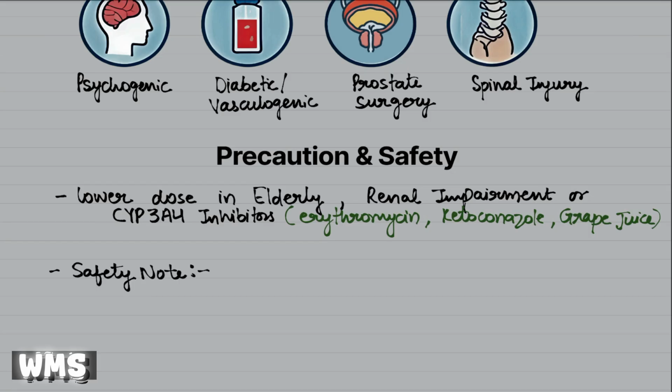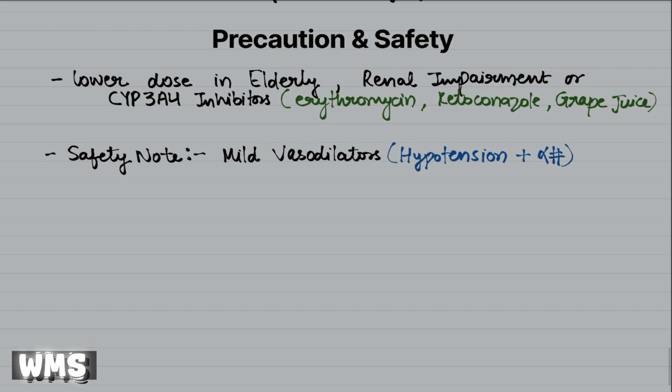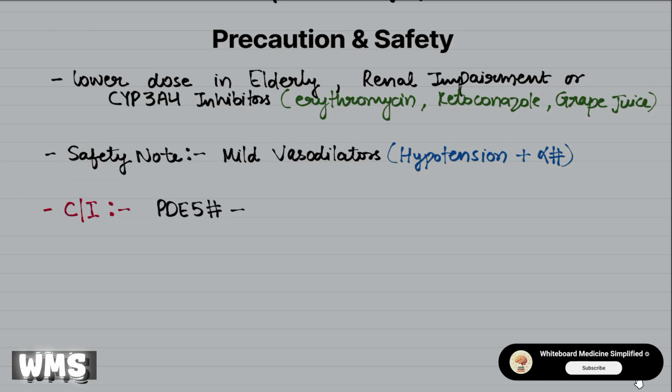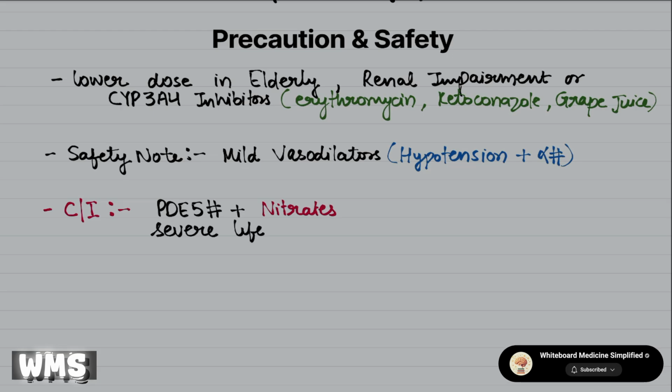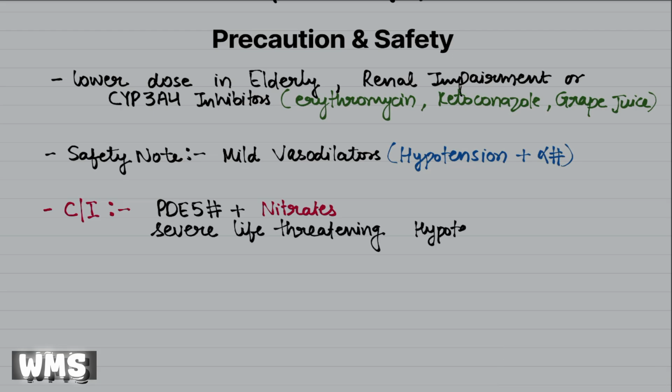In terms of safety, these drugs act as mild vasodilators, so they can cause hypotension, especially when combined with alpha blockers, although they can be used together cautiously if the patient is stable. The most important contraindication is with nitrates, because this combination can lead to severe, life-threatening hypotension.